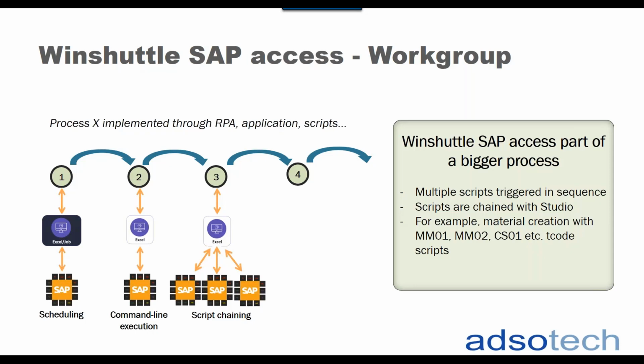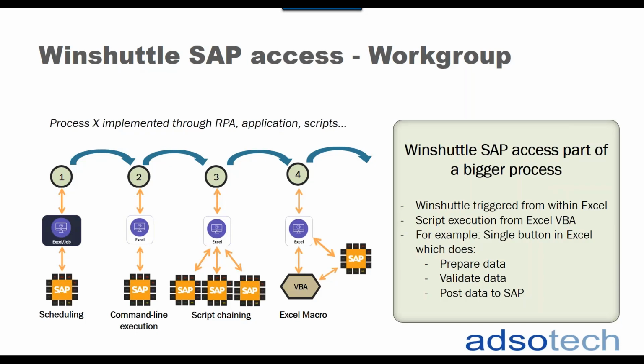And the last thing here is that you have the possibility to invoke scripts from VBA. I'm not saying that you should do this. Many companies don't want to, because they don't want to use macros, but it's an additional option.